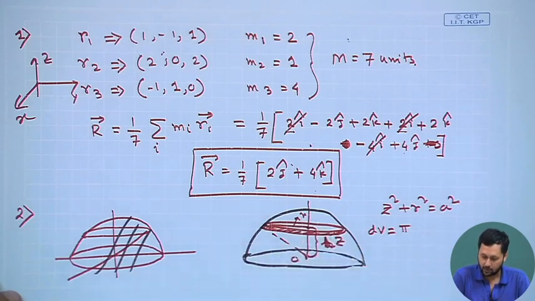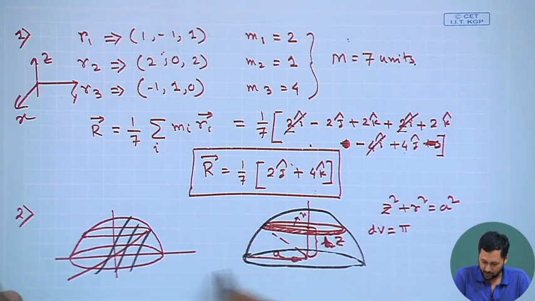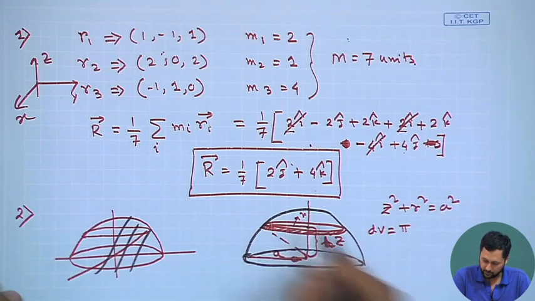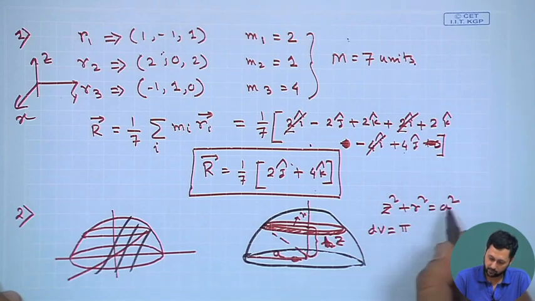The total radius of this hemisphere at the bottom is a, and up here it is r. So, r square plus z square is equal to s square.